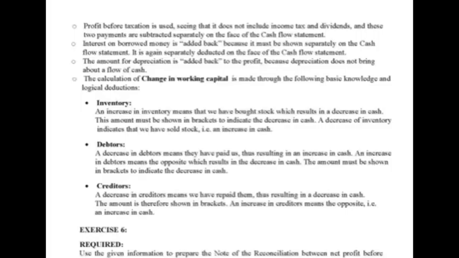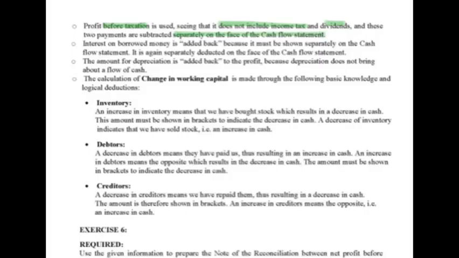Now let me explain some of the key points to note in note number 1. Firstly, profit needs to be before tax, seeing that it does not include the income tax and the dividends, because these two payments are subtracted separately on the face of the cash flow statement. So I don't want it as part of note number 1.